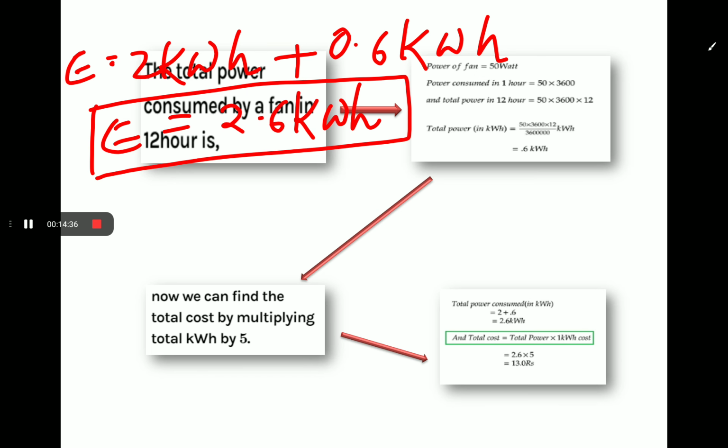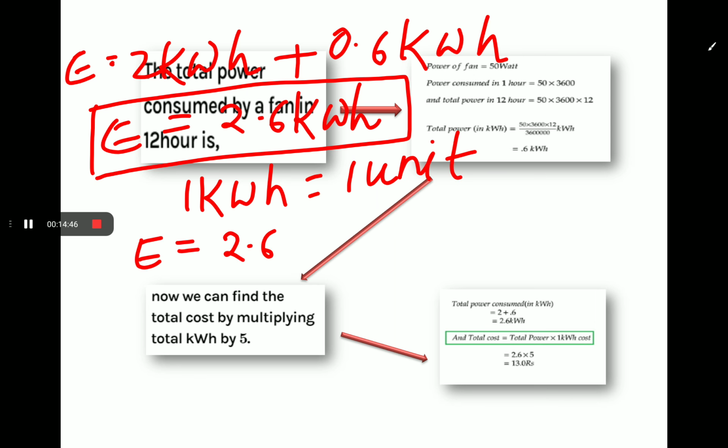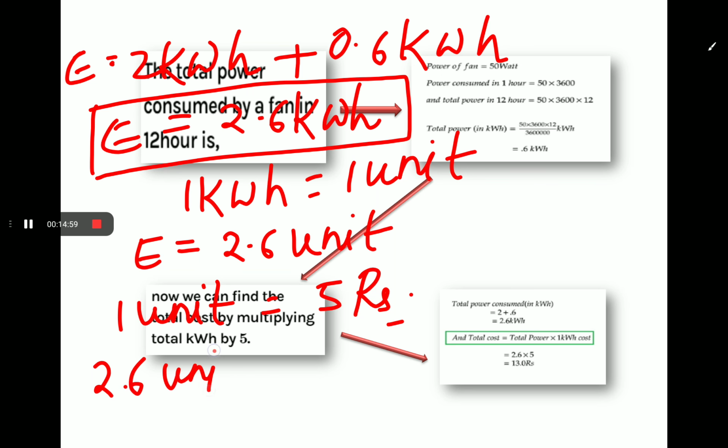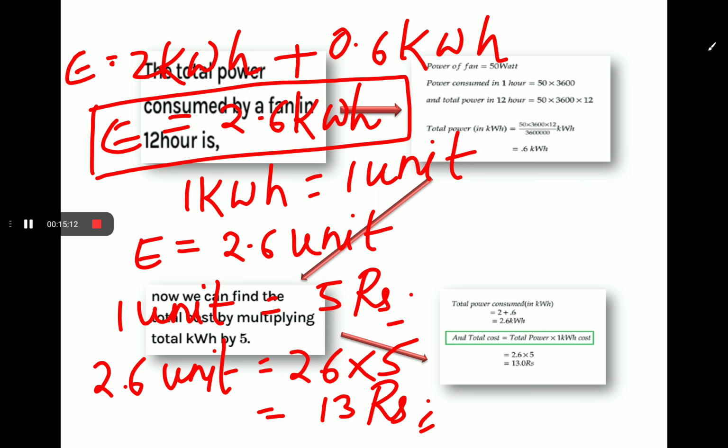Now one thing is that 1 kilowatt hour is known as 1 unit. That means the total energy is equal to 2.6 units, and it is given in the question that 1 unit costs 5 rupees. So 2.6 units cost 2.6 multiplied by 5, that is 13 rupees. In this way, we can calculate the amount of electricity bill.